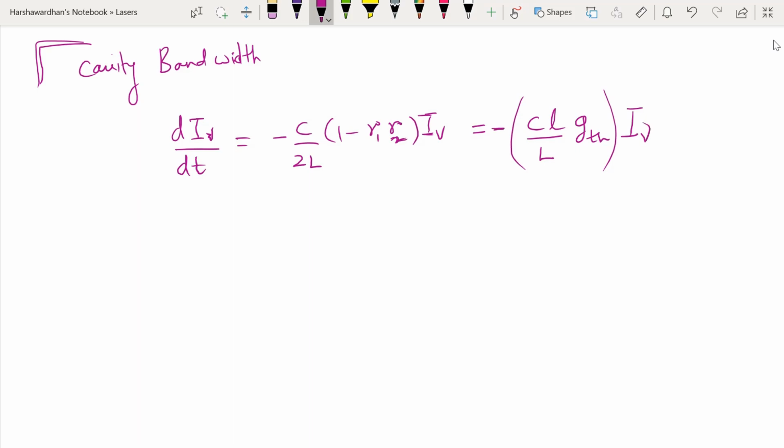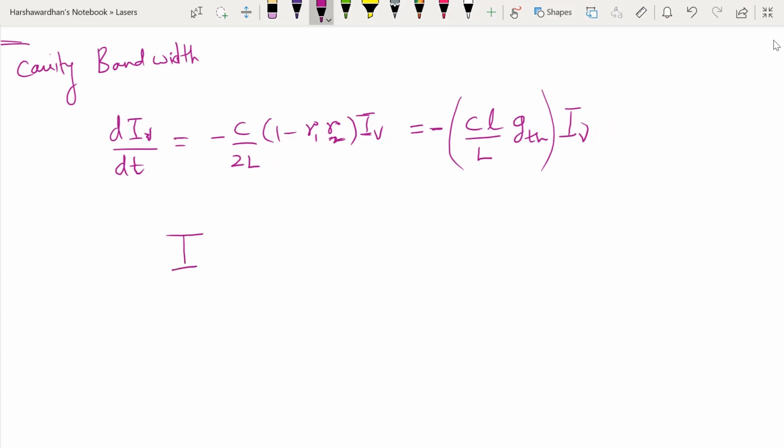This is precisely the rate equation that governs the intensity inside a bare cavity. For such a rate equation, I can write down intensity as a function of time quickly: I nu at time t is I nu at time t equal to 0 times exponential minus c small l by capital L, G threshold times t.